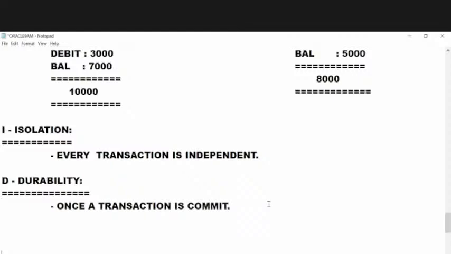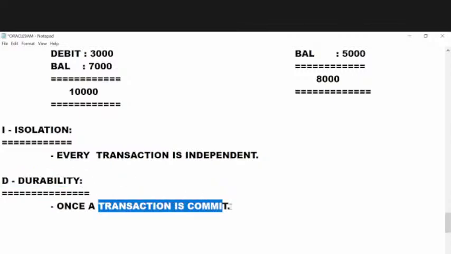Even if any abnormal termination happens, once your transaction is committed, it is committed only, and that transaction will never be affected. That kind of maintenance is done by durability.